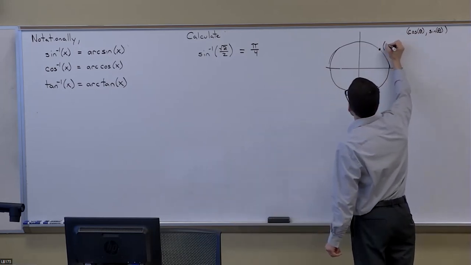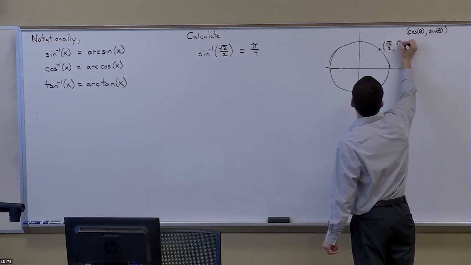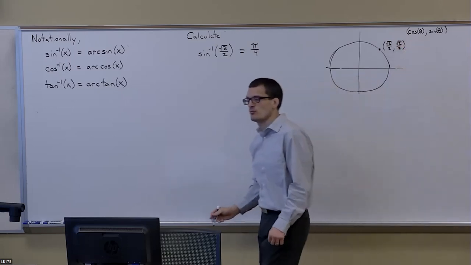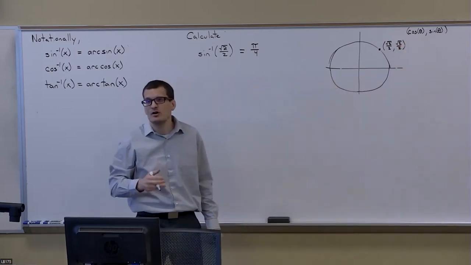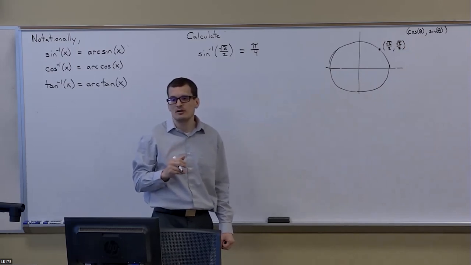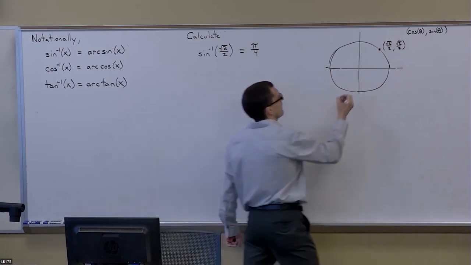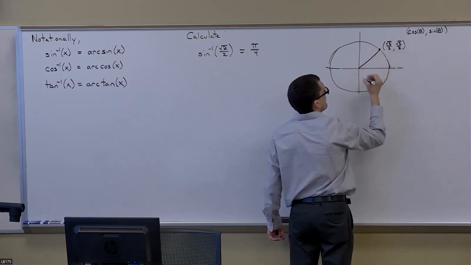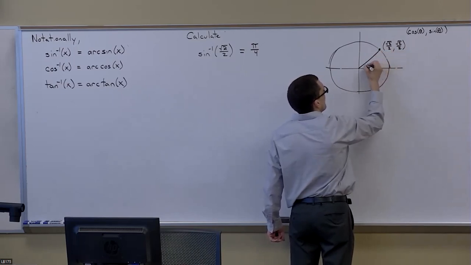And at one spot in chapter 5, we saw that √2/2, comma, √2/2 happened at angle pi/4.